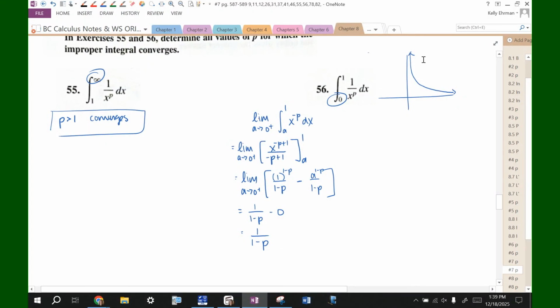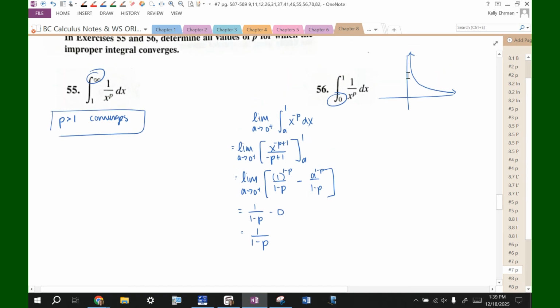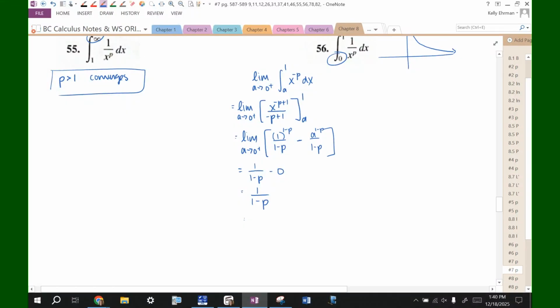And we need to make sure that whatever it converges to stays positive. This represents the area underneath the curve. So for example, p can't be 5 because then I get a negative area. So I need to make sure that 1 over 1 minus p remains positive.